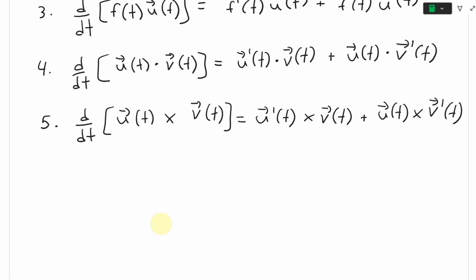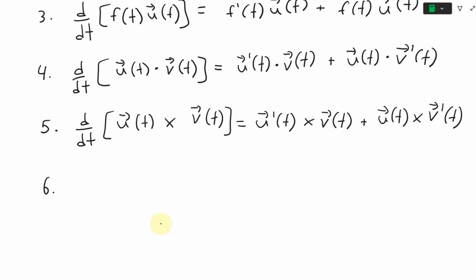And now the last formula or rule is number 6. This one involves the chain rule.